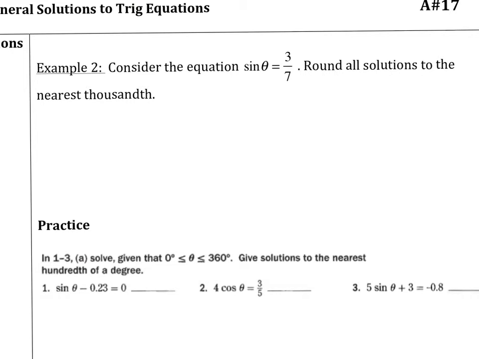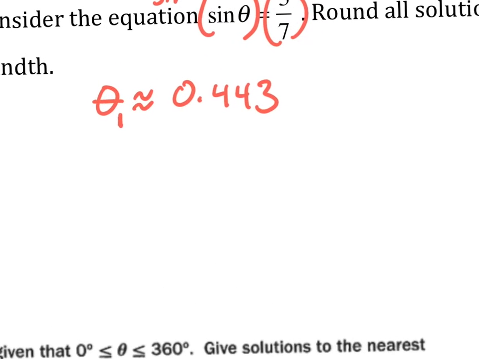So check your work on this one here. We do have to take the inverse of sine for both sides here. And of course, this will restrict it just to an acute angle, most likely. So when we punch that in our calculator, we get approximately 0.443. Notice I'm calling that one theta 1 because I have more than one option.